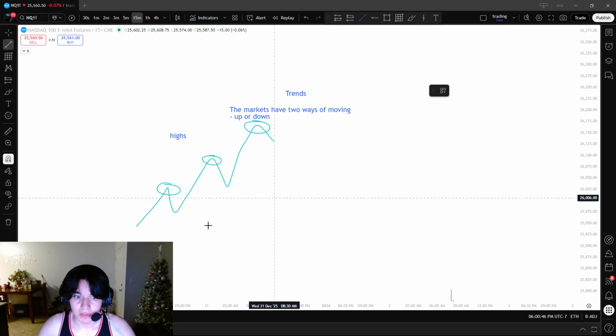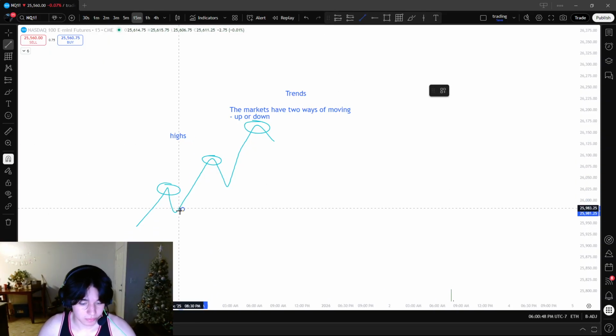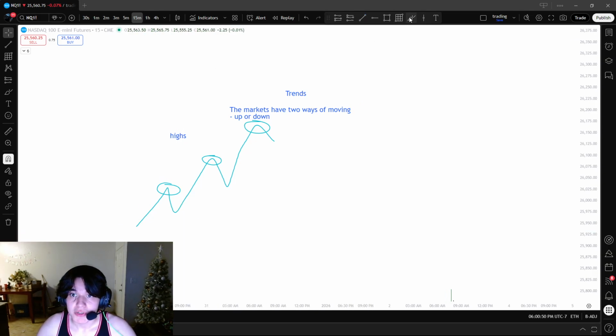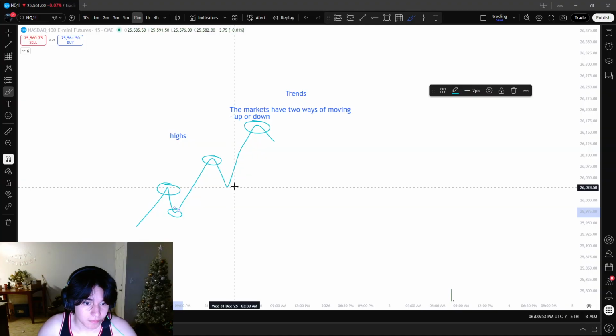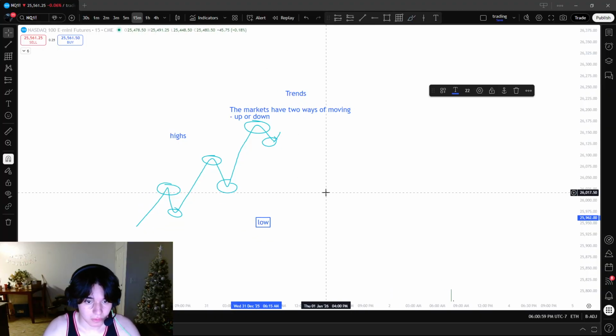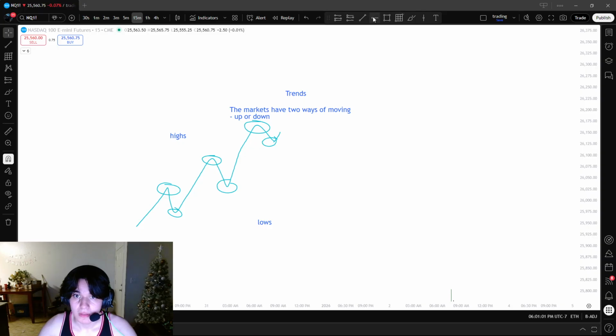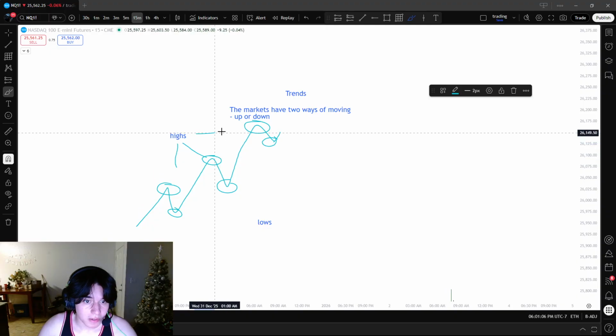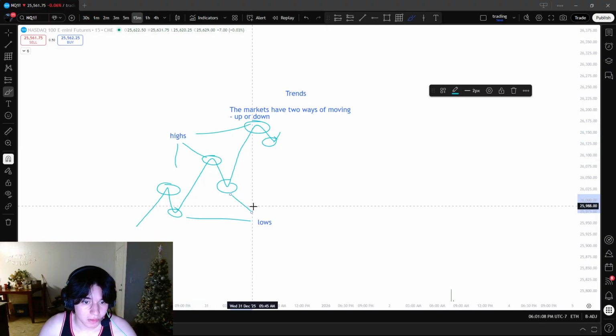Lows are pretty much these little lows here, the bottoms. So these are lows. High, high, high, low, low, low.